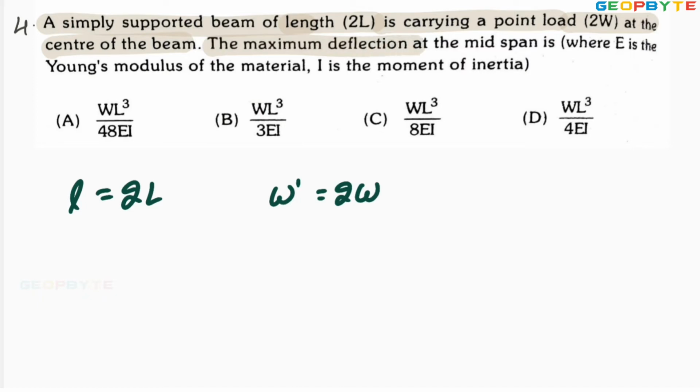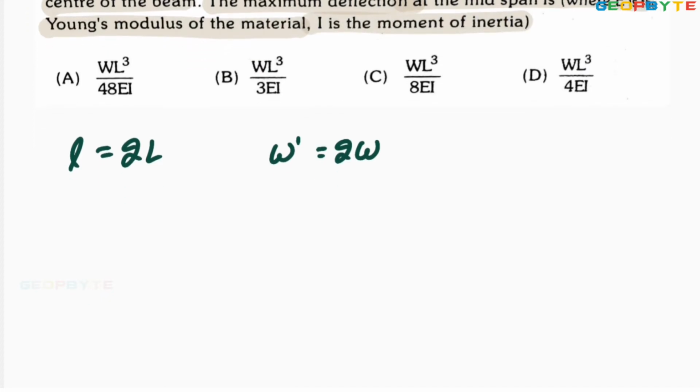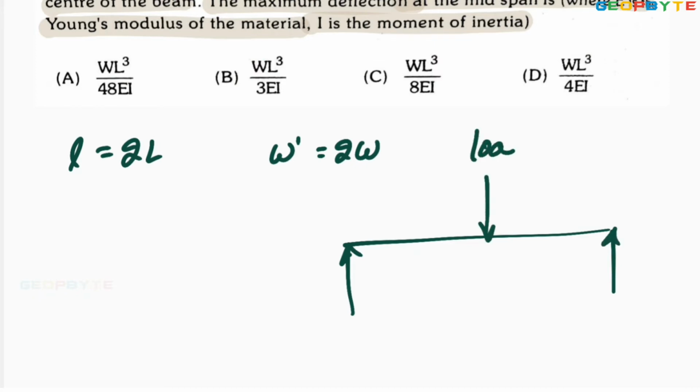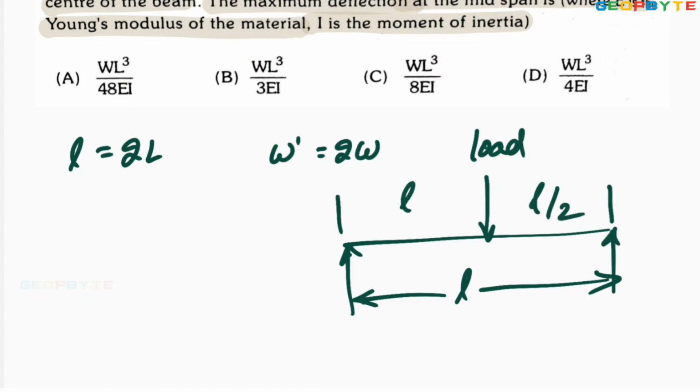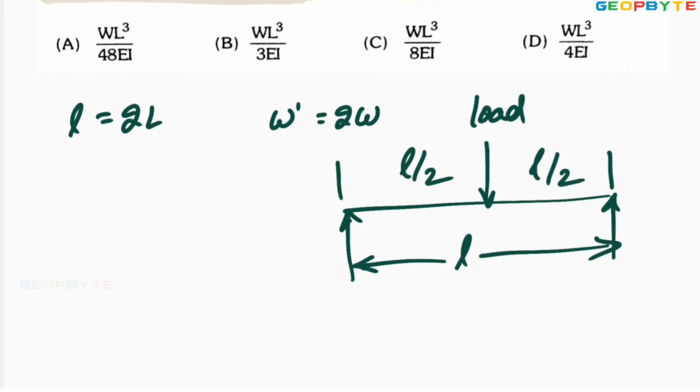The maximum deflection at the midspan, where E is the Young's modulus and I is the moment of inertia. Dear friends, when a simply supported beam is subjected to a point load at the middle of the span, this length is L by 2, the other side length also L by 2.